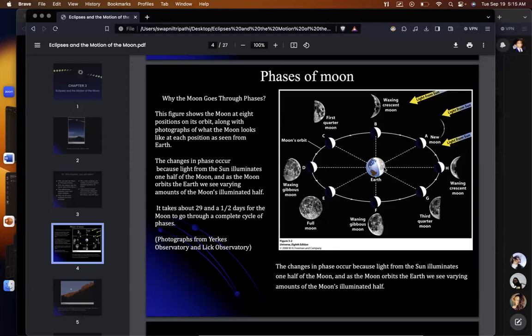So suppose today was a full moon and the moon rose at 6 p.m. Tomorrow, the moon will rise at 6:50 p.m. And then after that, it will rise at 7:40 p.m., then 8:30 p.m., then 9:20 p.m., and so on.